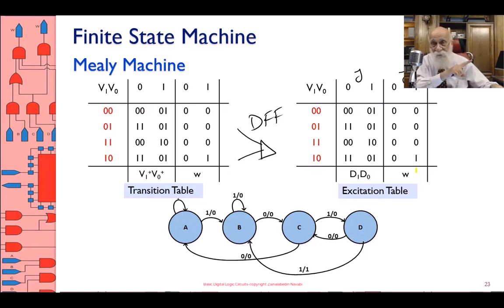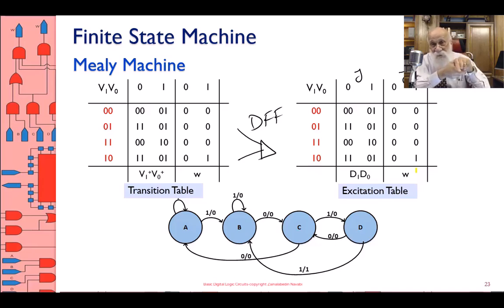Remember that. In the Moore machine, I had 3 state variables. For each of them, I had 4 variables, the input and the 3 state variables. Okay, in here, I have only 2 state variables, the J input and the 2 state variables, and therefore I have 2 3-variable maps.